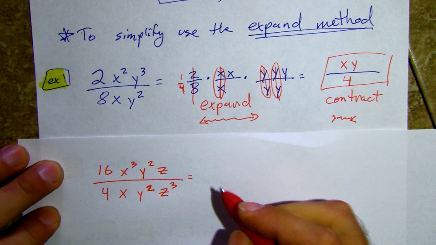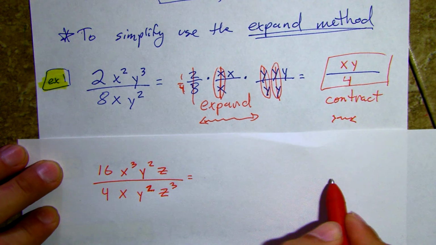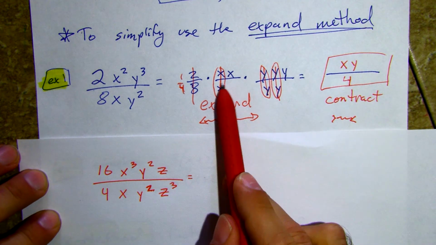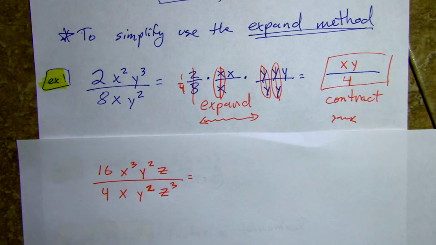You can keep it all in one fraction and just expand it all the way out, or you can do what we did up here and split up the fractions based on the parts. Okay, so let's go ahead and do that. Remember, we're making a fraction with our coefficients, making a fraction with our x values, the y values, and z values.